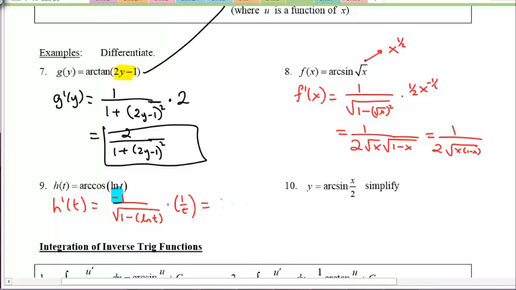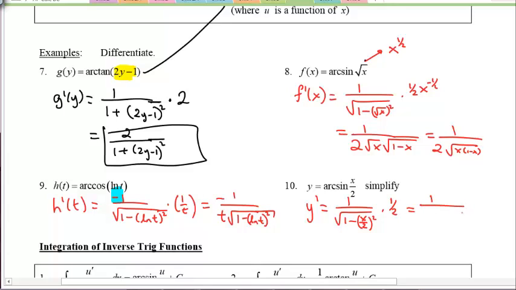So a lot of people write this as negative 1 over t, the square root of 1 minus natural log of t. And there should have been a square there. Got too excited, forgot little pieces. And then the last one for number 10. Arcsine of x over 2. So once again, 1 over the square root of 1 minus x over 2 all squared. And then the derivative of x over 2, which is 1/2.